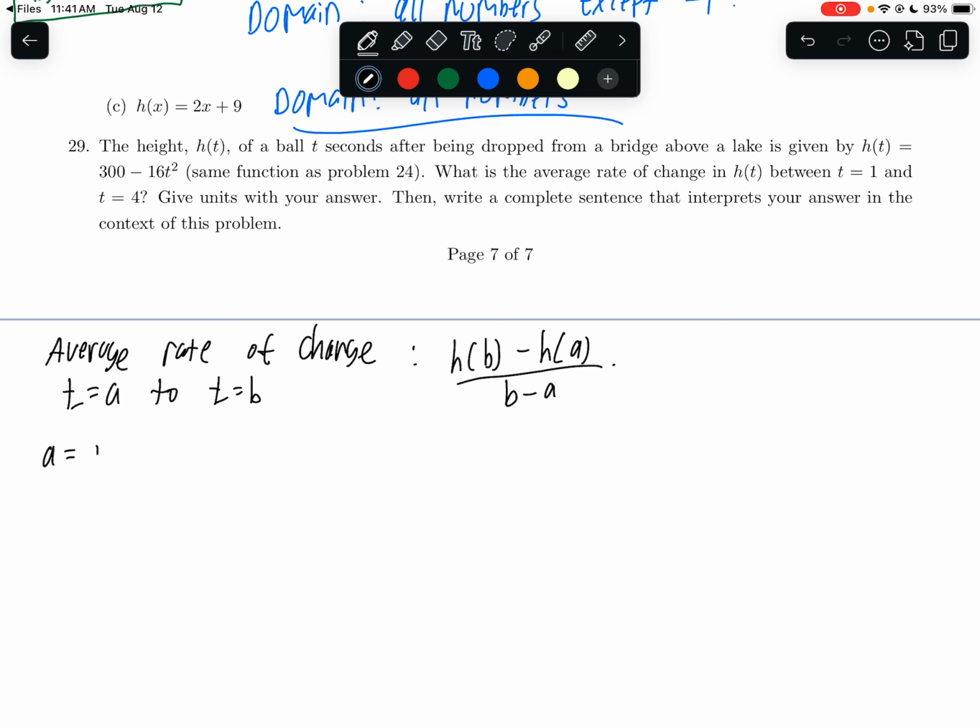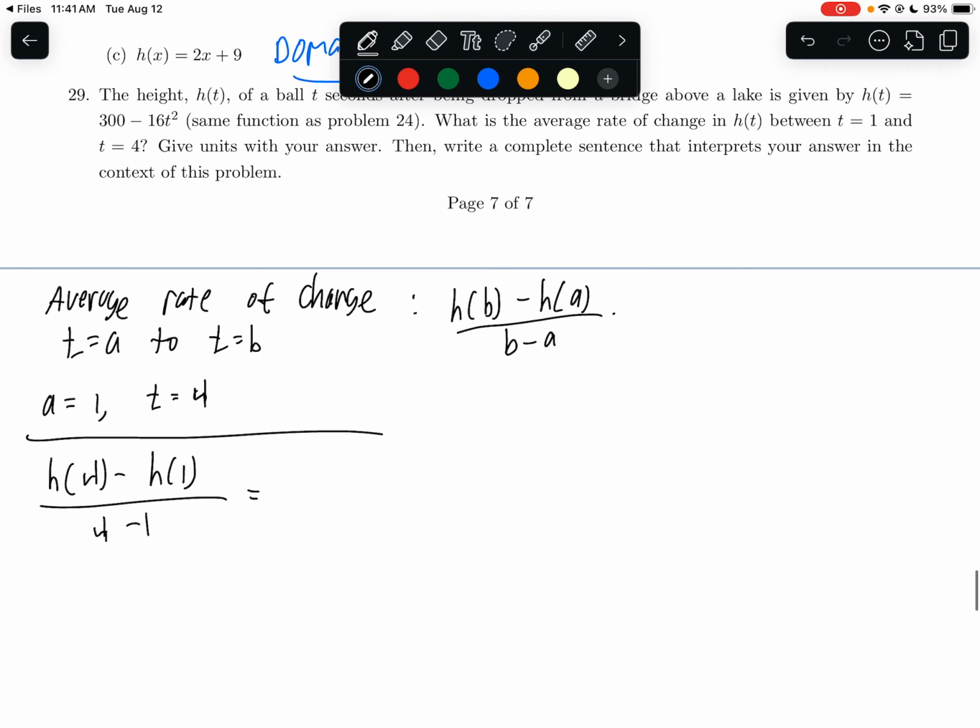Like this. And so here, a is 1 and b is 4. So what we're computing is h of 4 minus h of 1 over 4 minus 1. Now these are values that you would put into the function. So if I put in 4, 300 minus 16 times 4 squared, you can do the calculation out.